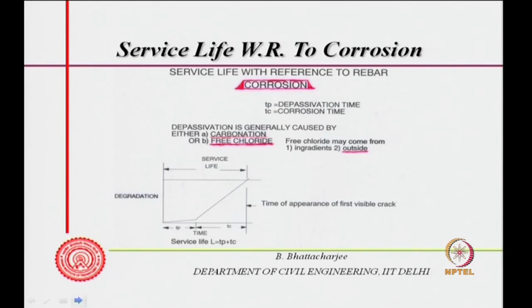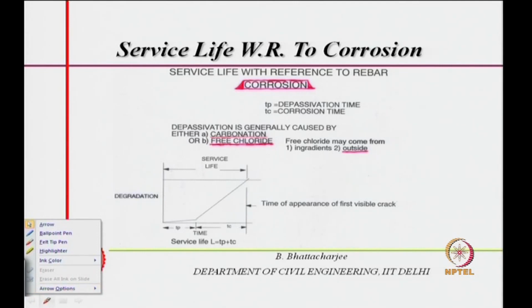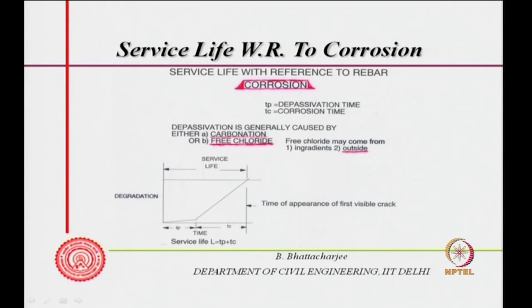Just to recollect, the service life with respect to corrosion we defined like this in the last class. We mentioned this same diagram, where we said that initially reinforced concrete provides protection to the rebar, and with time this may get affected if it is exposed to a chloride environment, or if it is exposed to atmosphere where carbon dioxide can come and reduce its pH.